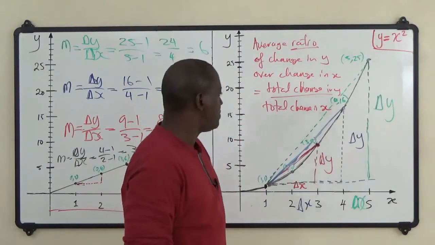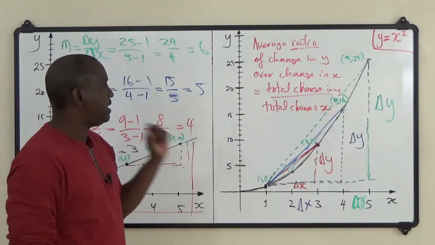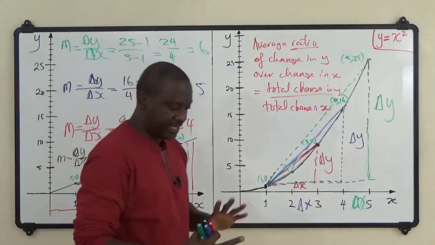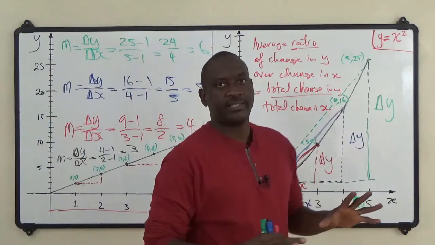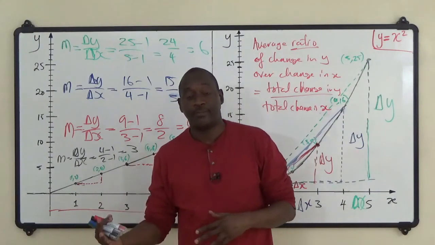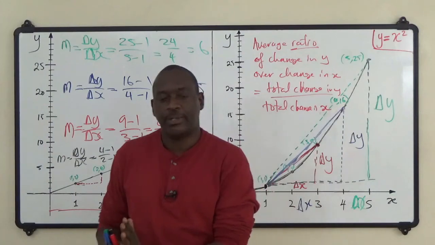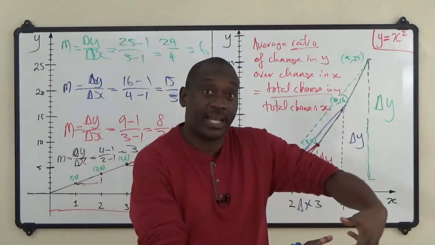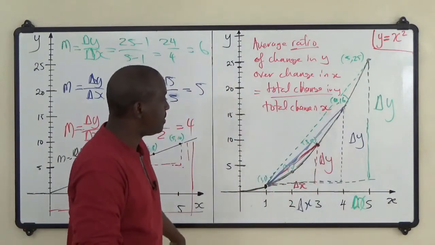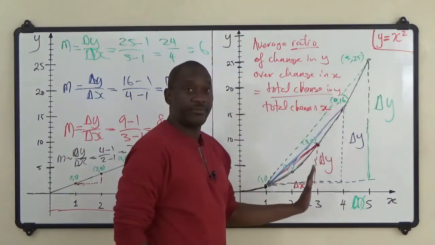Right? So we could close off this particular video here, because we have discussed some basic ideas with respect to the gradient of a straight line, things that we are already familiar with. We have added to the discussion because we're starting to move in a particular direction, where we're talking about the same concept of gradient, but we're applying it to a curve.